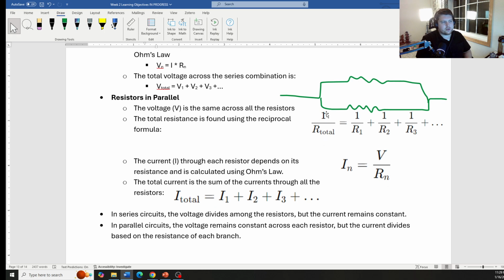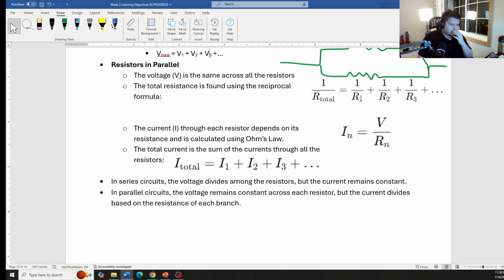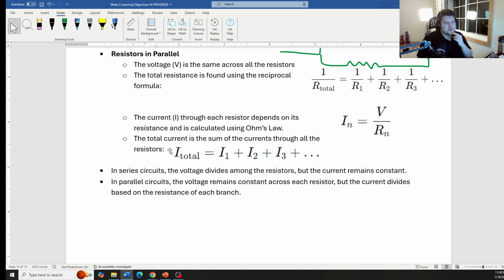So we use this equation: 1 over R total equals 1 over R1 plus 1 over R2, and so on and so forth, depending on how many resistors are contained within whatever we're looking at. Again, the current through each resistor depends on its resistance and is calculated using Ohm's law.